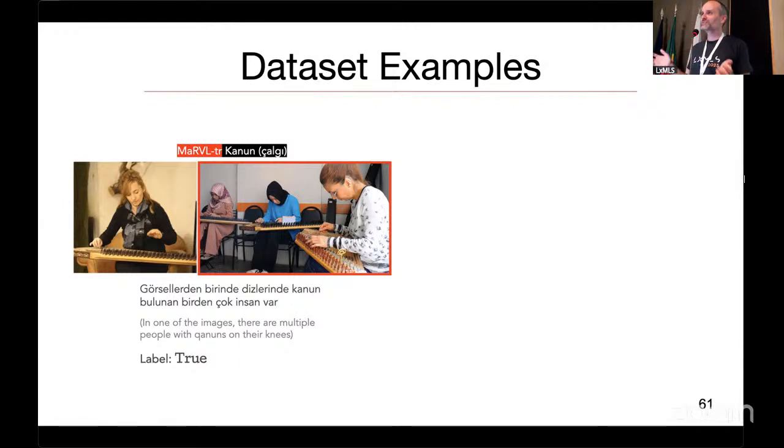Could you rest it on a table? I have never played that instrument, but most of the time they are putting it on their own body, on the legs. Okay, thank you. There is a version with a table.